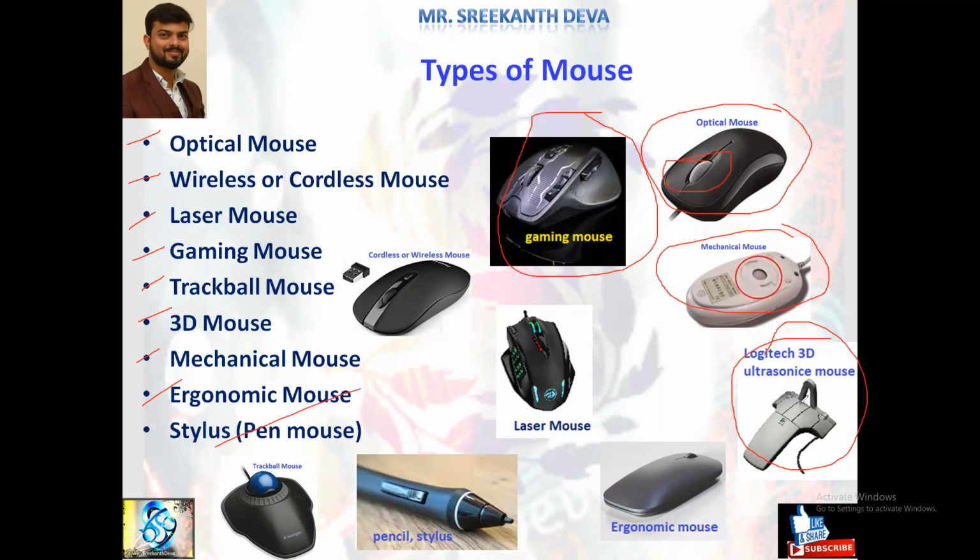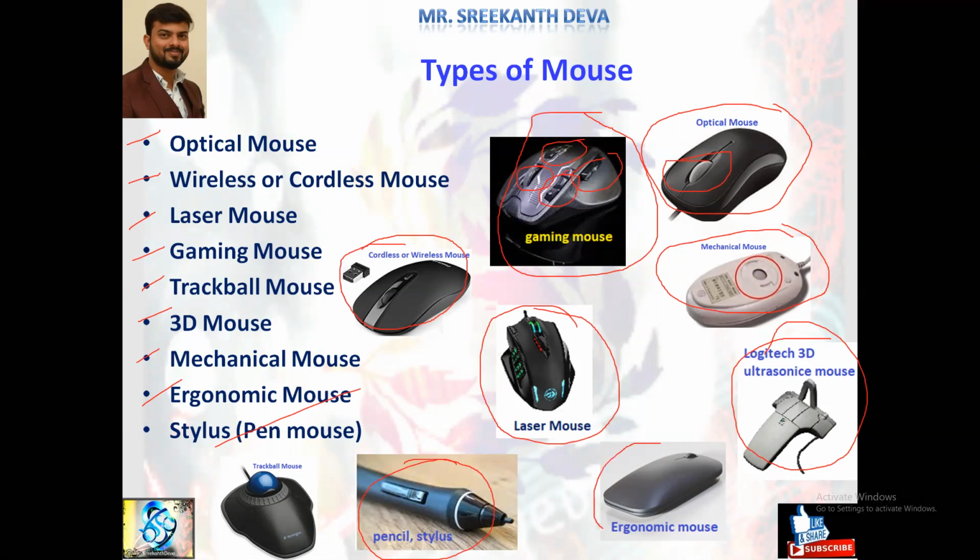But if you look at other mice, some additional keys are there. In the gaming mouse you can see several additional keys, which help while playing games. This is called a cordless or wireless mouse, including the receiver. This is a laser mouse. This is a stylus, pen style mouse.